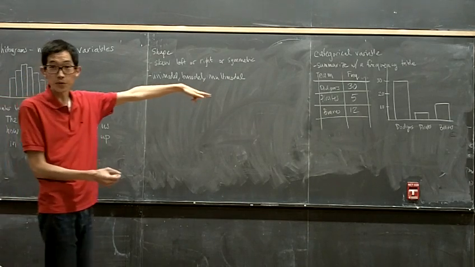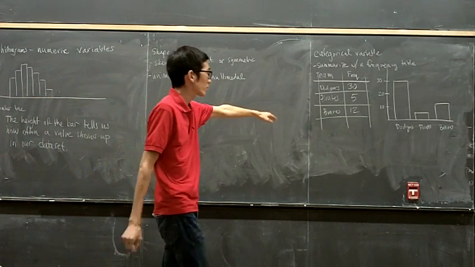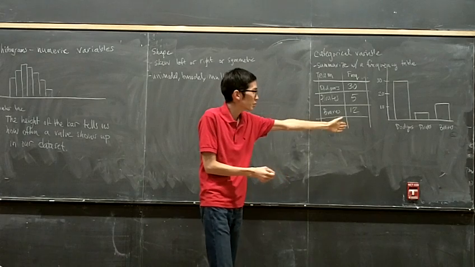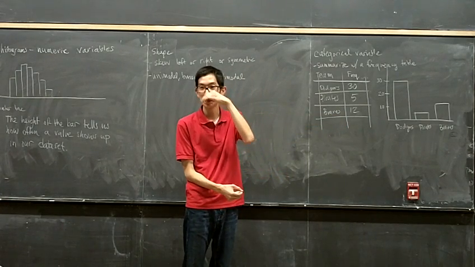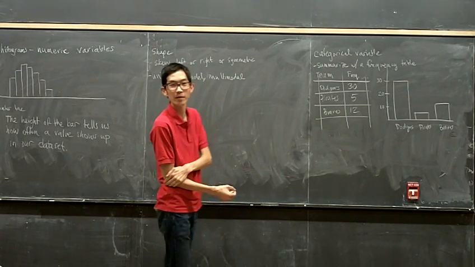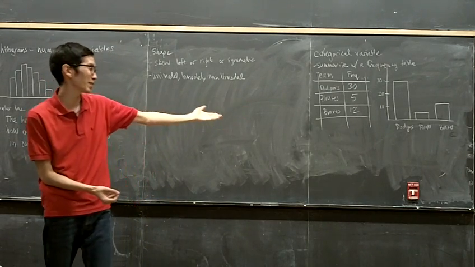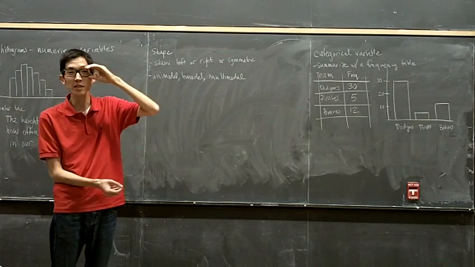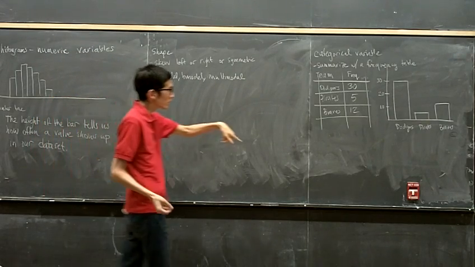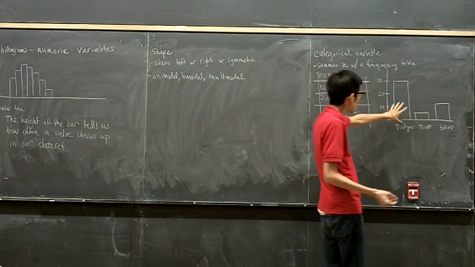This is not a histogram. What's the difference between this and a histogram? In a histogram the bars are all closely connected and there's a number line. Here there's no number line, because we're dealing with a categorical variable.